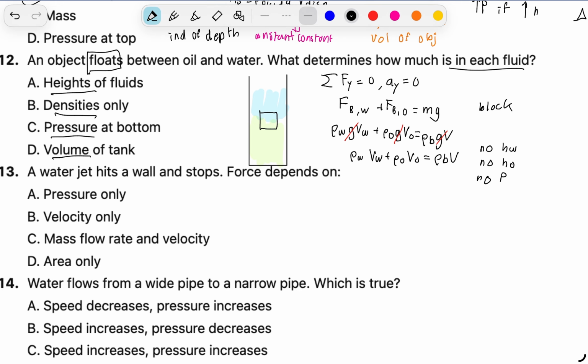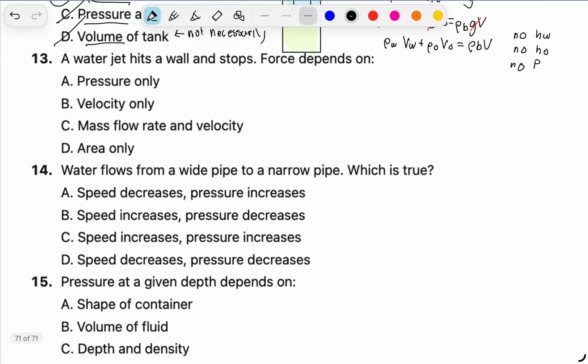So we can rule out the height of the fluids and also pressure. So our answer is going to be B, because the volume of the tank is something else. You don't necessarily take up the entire tank. The volume of the tank is irrelevant, because we could have a massive tank but only fill it up to here. So why does the volume of the entire tank matter? It doesn't.